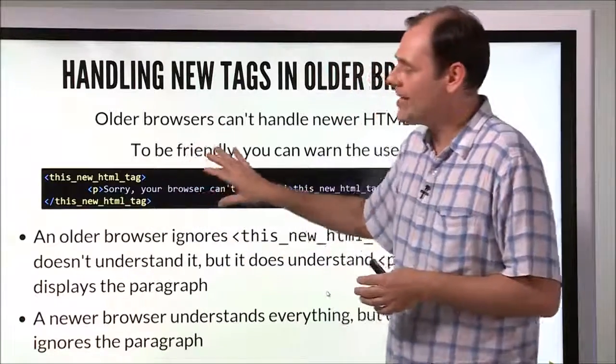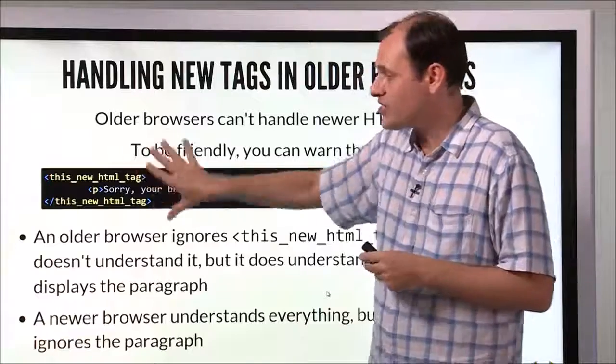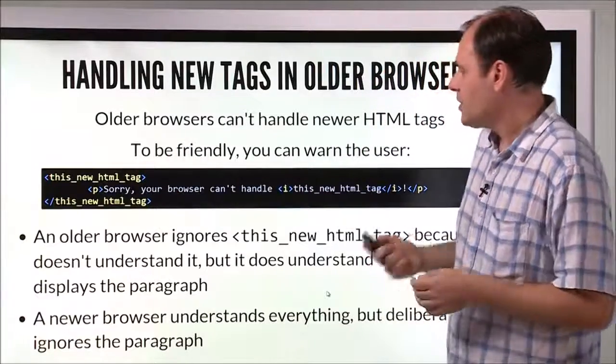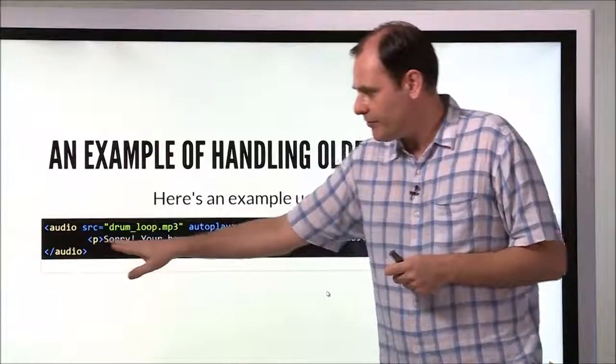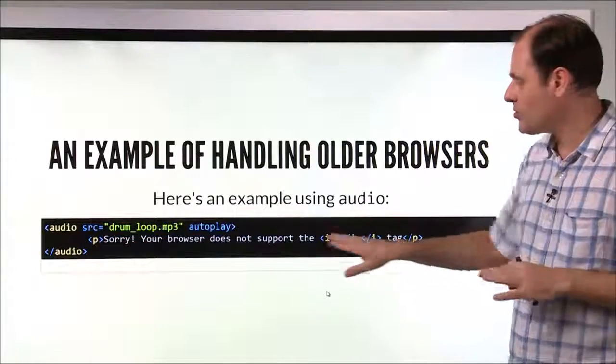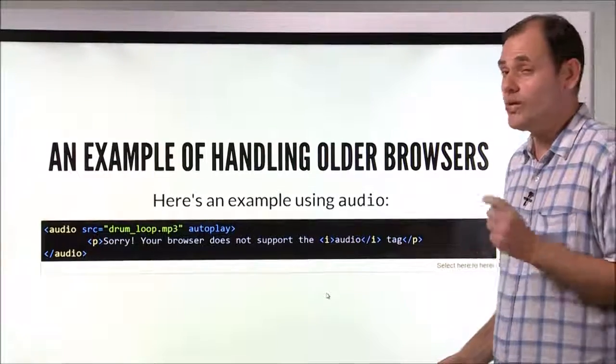So that's how you handle older browsers. Nothing to do with sound by itself, but actually it's a general method. All right, let's move on. There's an example. So there's sound, and then for older browsers there's a message. That message will not be shown in the newer browsers.